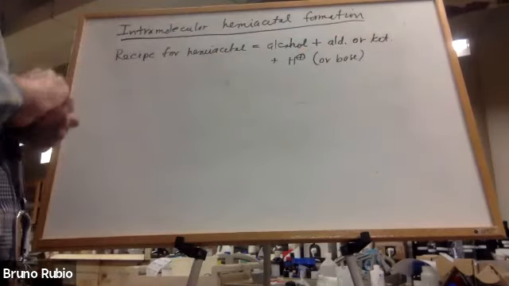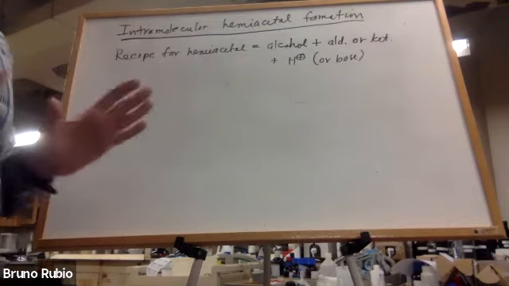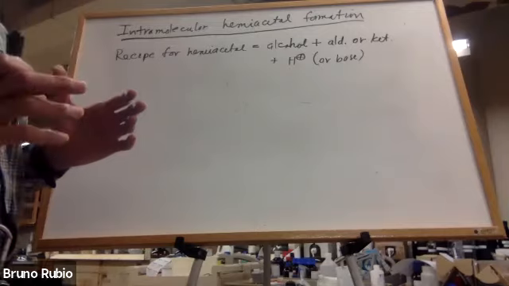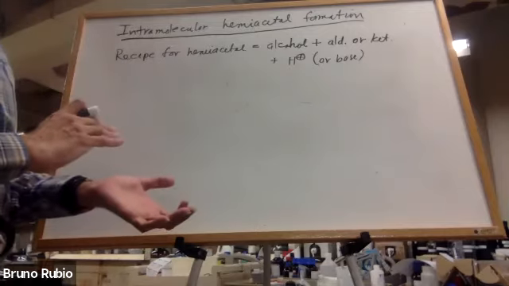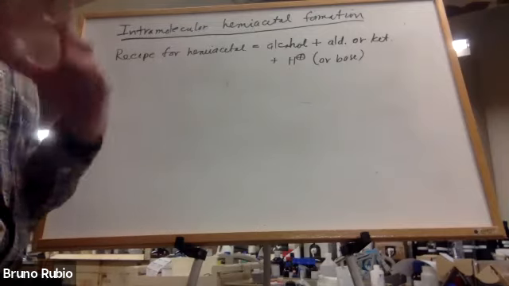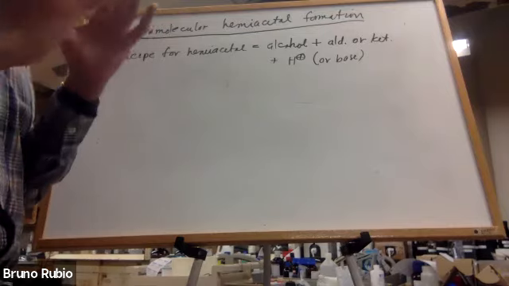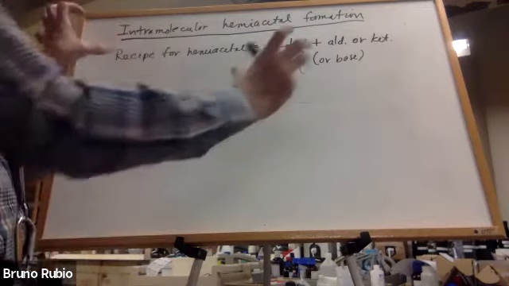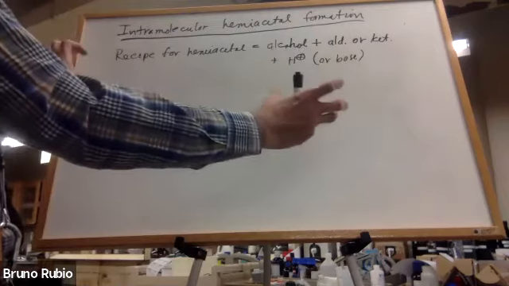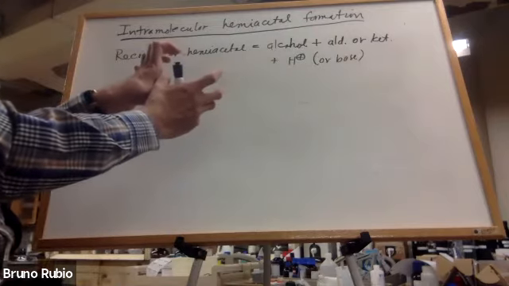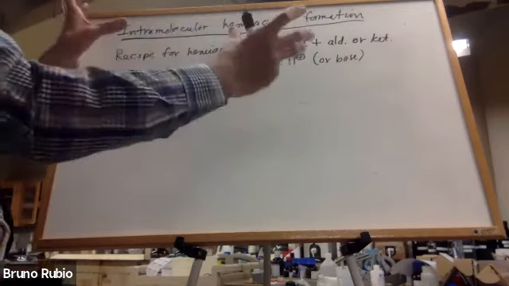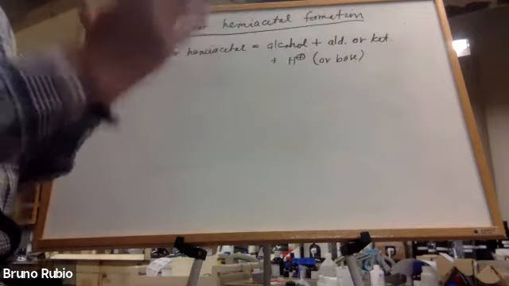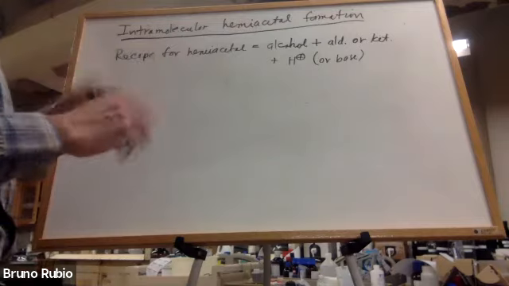Okay, and we went through several examples of this already, but we have situations in which the alcohol functionality and the aldehyde or ketone functionality are on the same molecule. So that instead of an alcohol and an aldehyde or ketone as separate molecules reacting to form the hemiacetal, we can have a molecule that has both an aldehyde or ketone and an alcohol all in the same molecule.